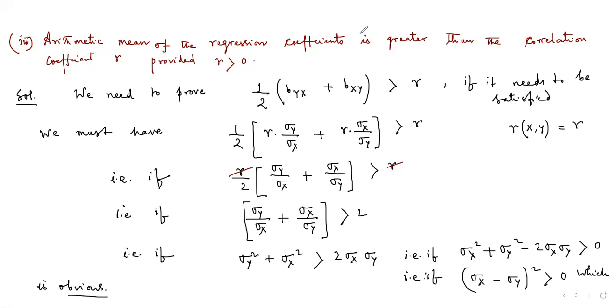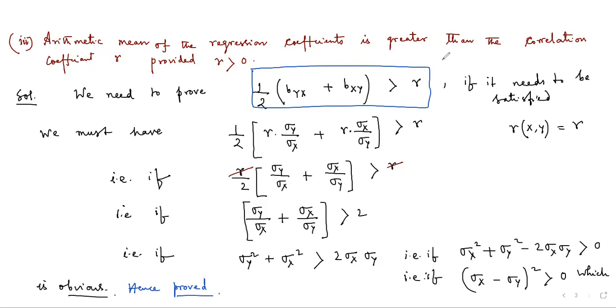Therefore, the assumption that we have made is correct, and the result which we need to prove is proved. Hence, the arithmetic mean of the two regression coefficients is greater than the correlation coefficient R.